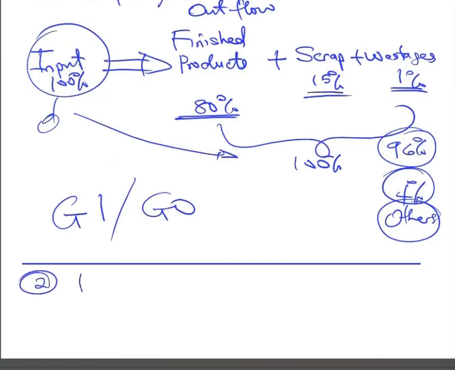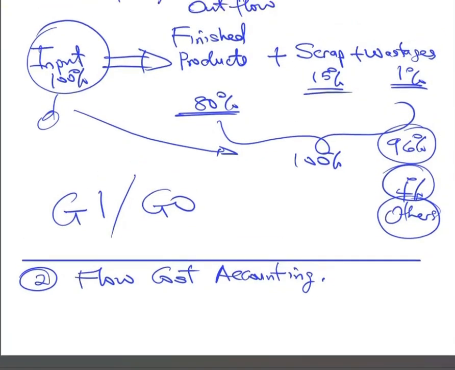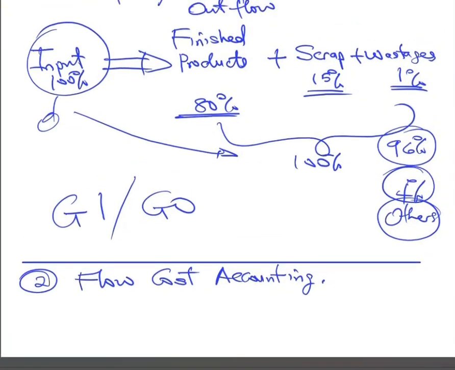The second method is flow cost accounting. This one is pretty easy. What flow cost accounting is just saying is we focus on the materials.